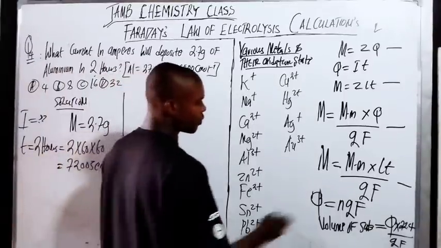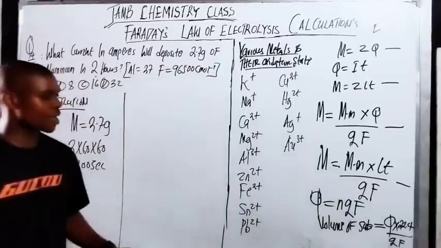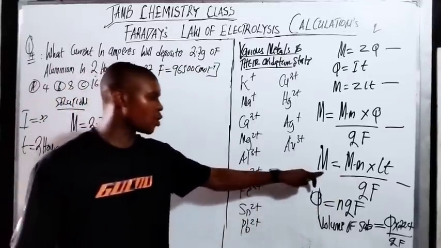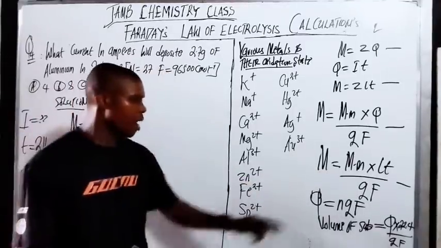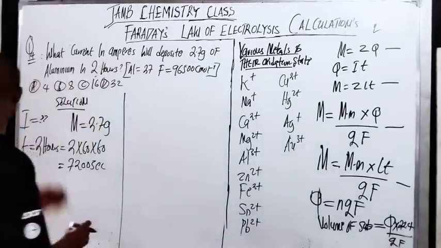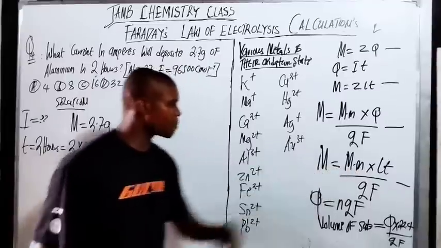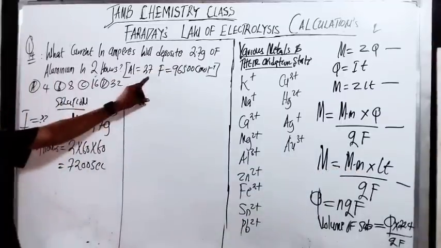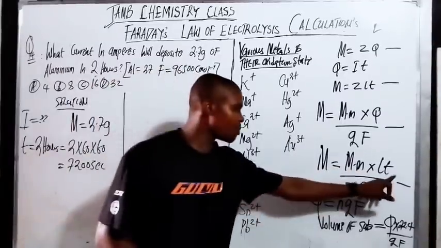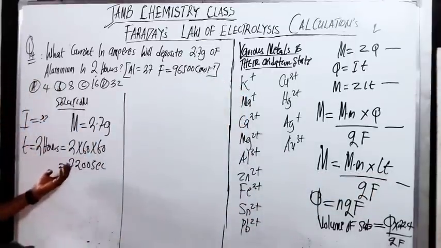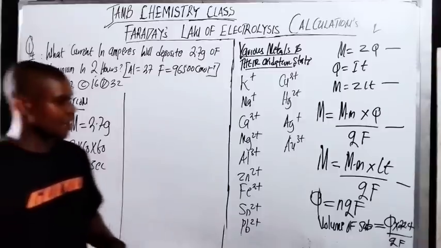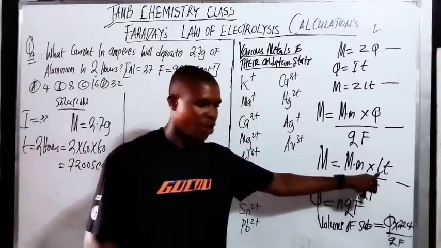So now let's look at the formula we are going to make use of here. Why are we making use of this formula? Because I know my mass. This is the mass given to me. Now my atomic mass of aluminum is 27. Now I know my time, which I've converted to seconds. Then I is what I calculate here.